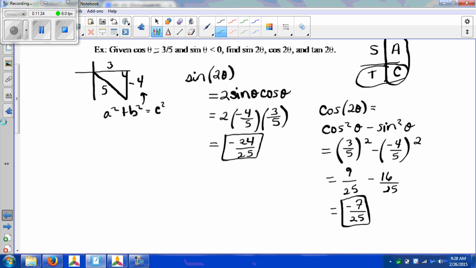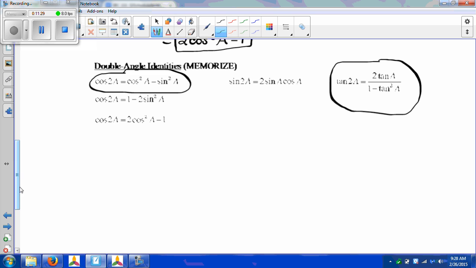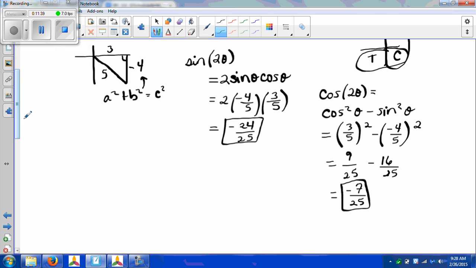Now, if I want to come back to the page before, I can use the formula 2 tangent A over 1 minus tangent squared. Okay, so 2 tangent, 1 minus tangent squared. So let's do it that way first. So the tangent of 2 theta is 2 tangent theta over 1 minus tangent squared theta.